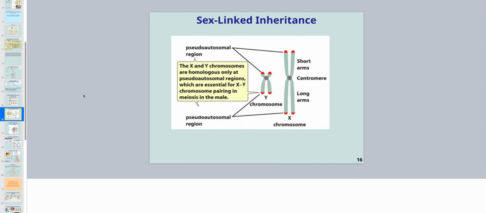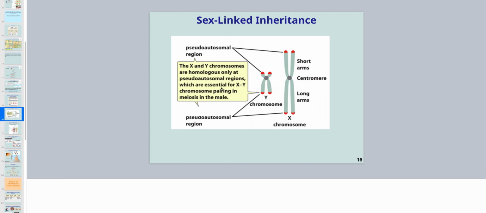Sex-linked inheritance is where the gene of interest is carried on a sex chromosome. It could be the Y chromosome or the X chromosome, and later we'll look at genetic problems involving sex-linked inheritance.